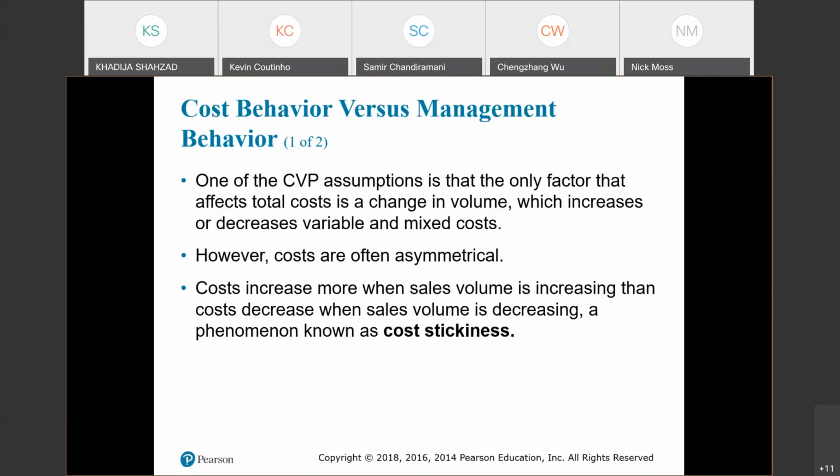So this phenomenon is known as cost stickiness. Well, that means cost increase more when sales volume is increasing than cost decrease when sales volume is decreasing. Cost stickiness.